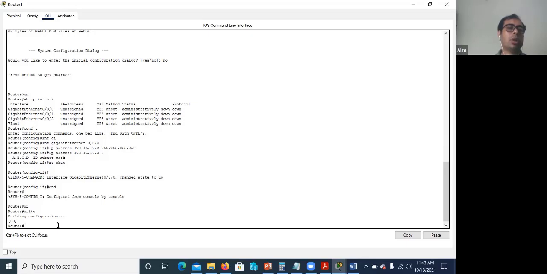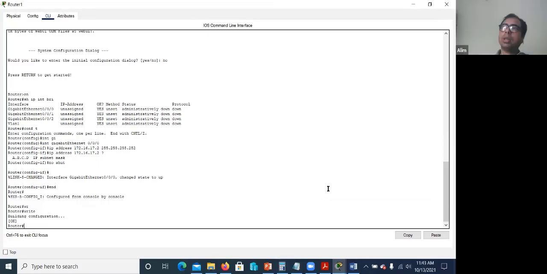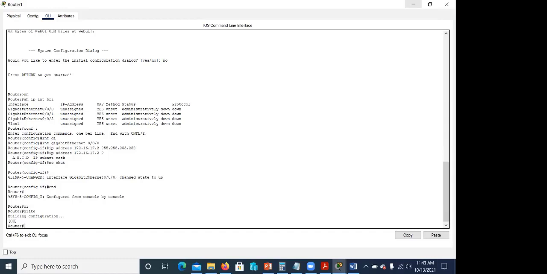Another command is copy running-config startup-config. There are two types of configuration: running configuration and startup configuration.